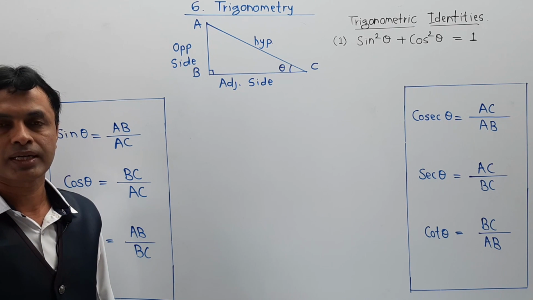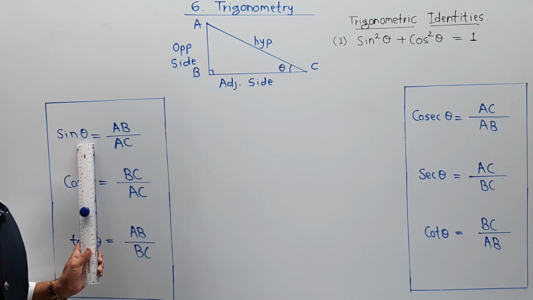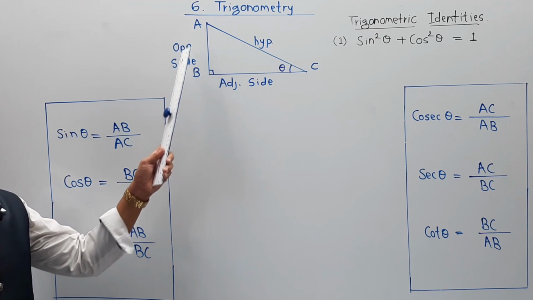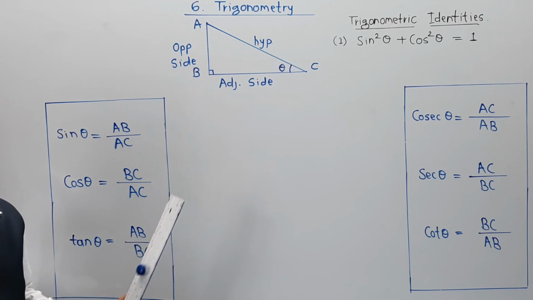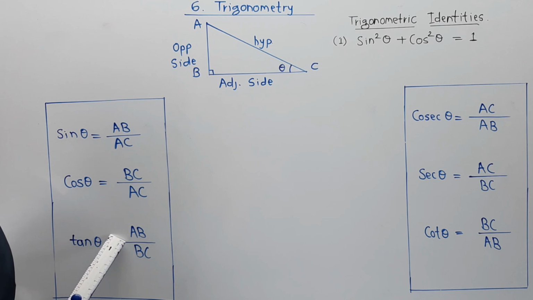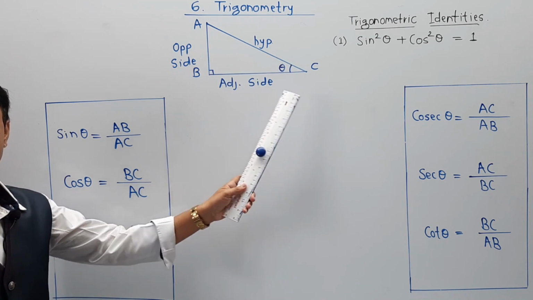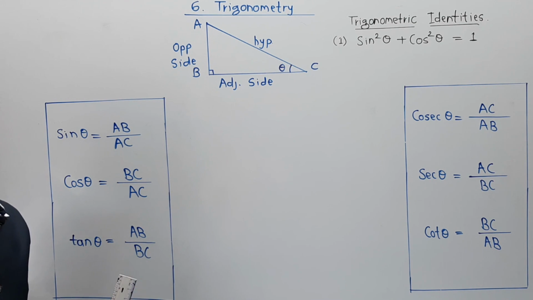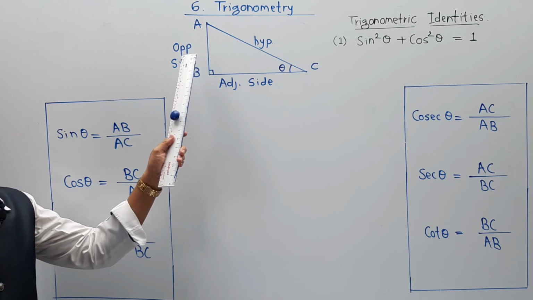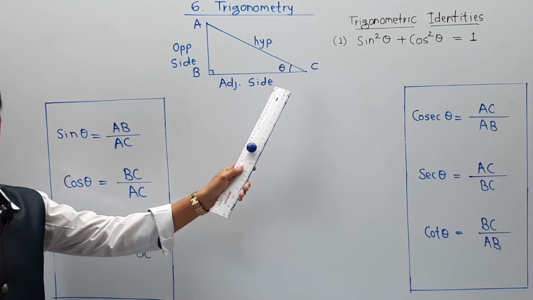With the help of that, we have written the 6 ratios. First, sin theta is opposite side upon hypotenuse, AB upon AC. Next, cos theta is adjacent side upon hypotenuse, BC upon AC. Next, tan theta is opposite side upon adjacent side, AB upon BC.